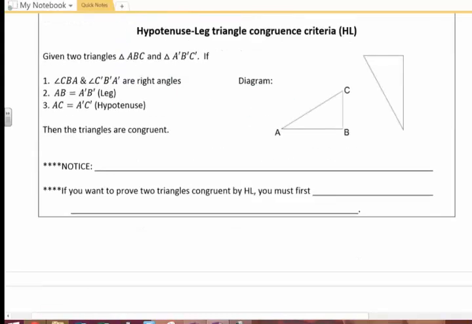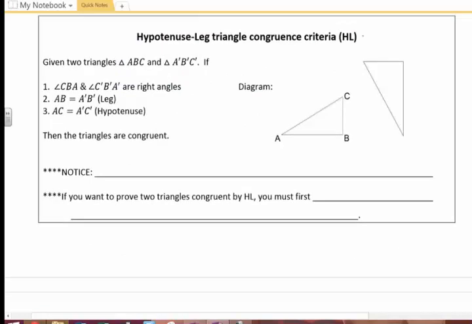So here's your hypotenuse leg triangle congruence criteria. We call it HL. So we have all these three-letter theorems and then one two-letter theorem. Given these two triangles, ABC and A'B'C', if I know that this angle and this angle are right angles, that leg AB and leg A'B' are equal, and that AC and A'C' are equal, then the triangles are congruent.